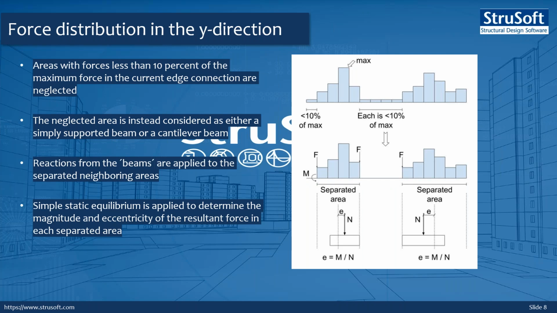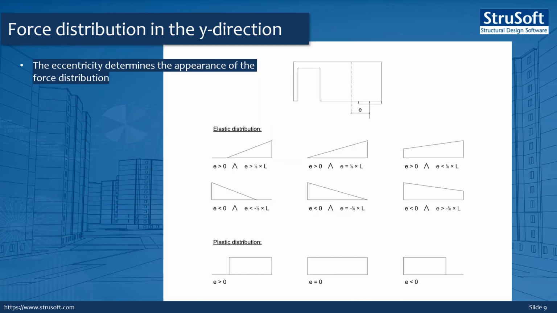And the reactions of those beams are then applied to the neighboring areas, as you can see. And from here, we are able to determine the resultant force in each of these separated areas, and also the position of the resultant force. And from that position, we are able to create the elastic distribution or the plastic distribution.